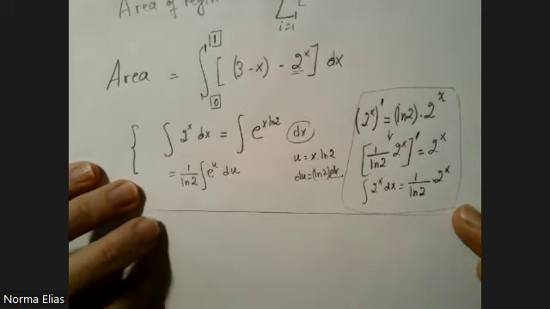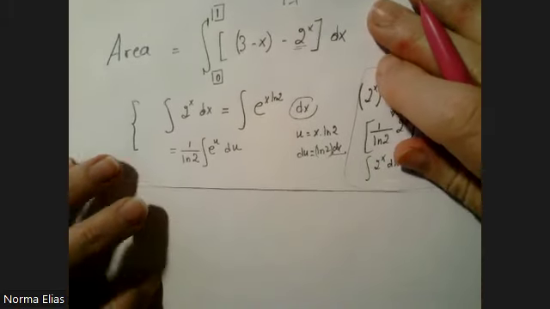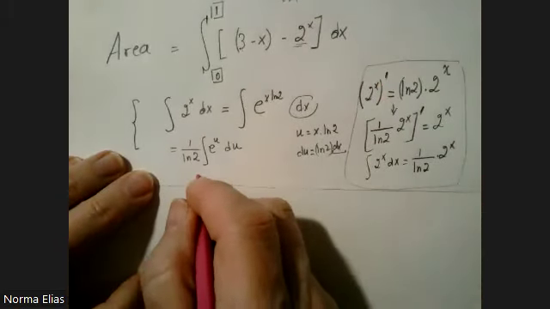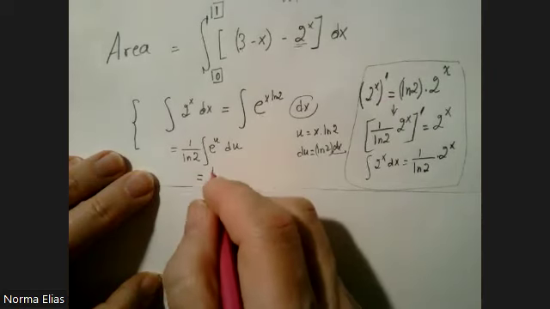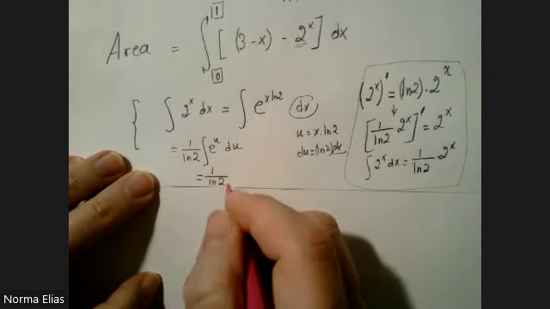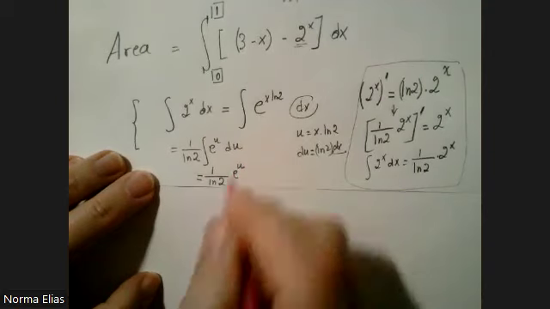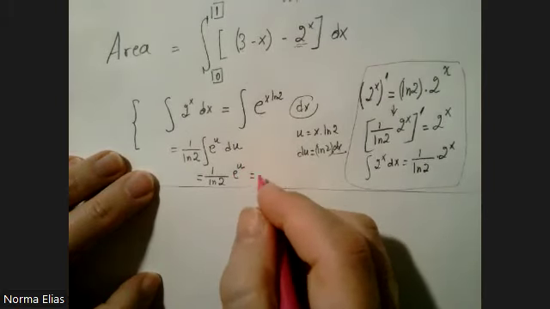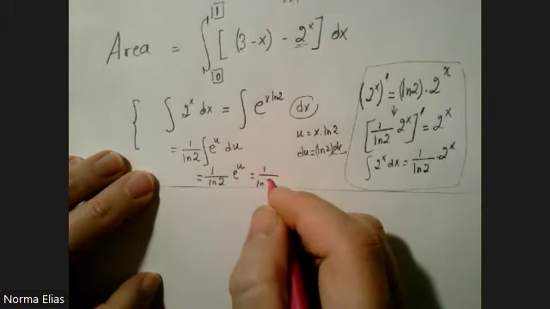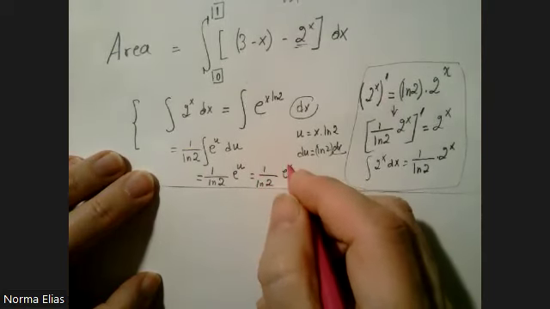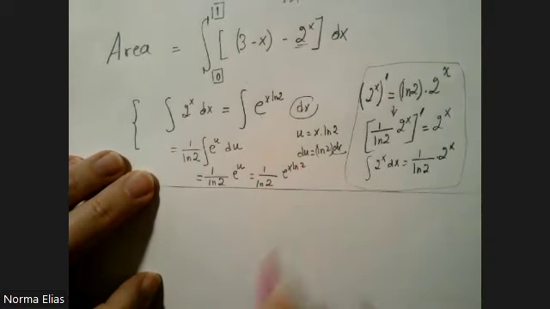So we're going to get exactly the same thing, but this is actually the proof of how we get there. So this would give me 1 over ln of 2 e to the u. It means 1 over ln of 2 e to the x ln of 2.